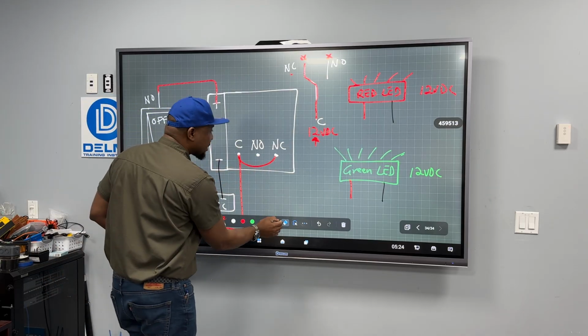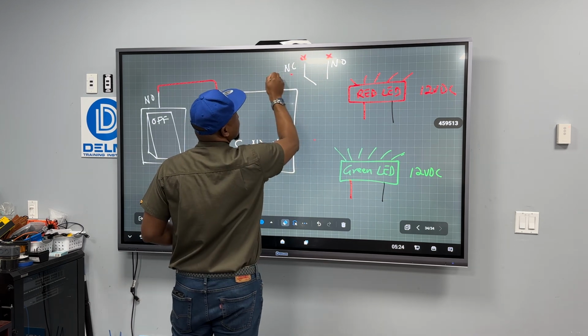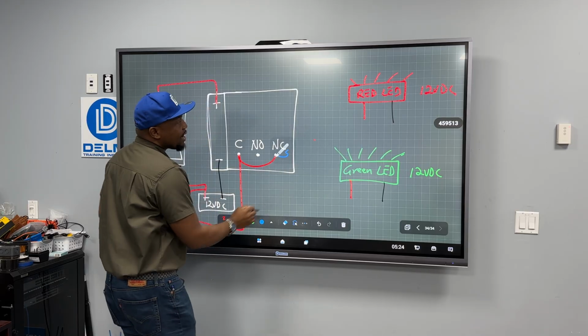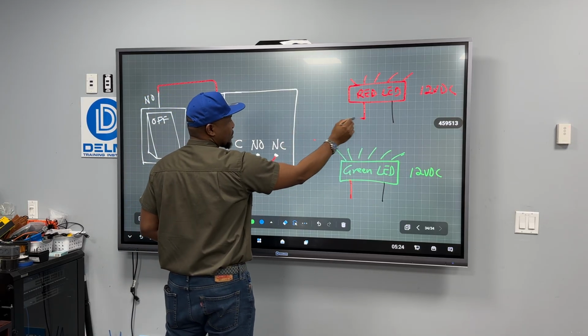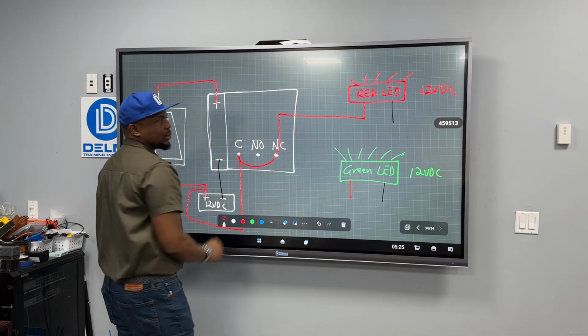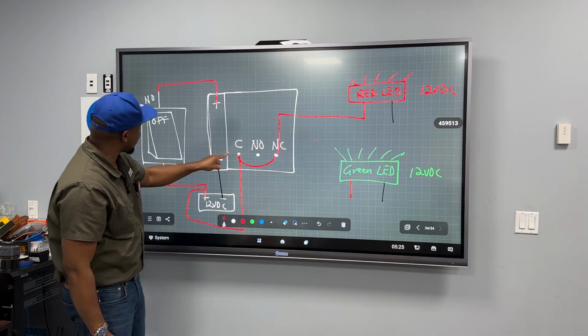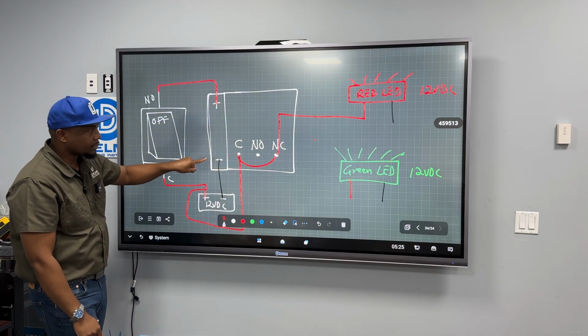And as a result, if I do connect the positive of my red LED to the normally closed, that electricity that just came here, remember this is still off, so there's no voltage coming here.